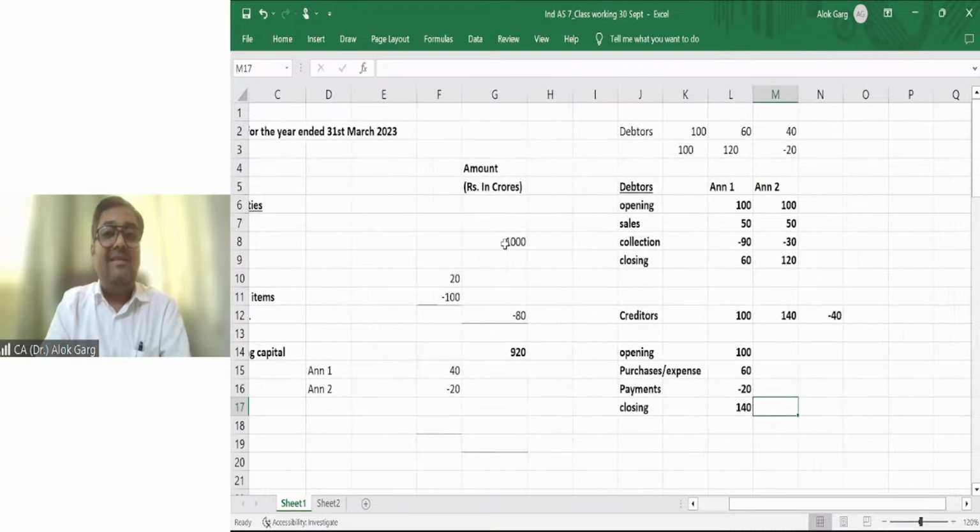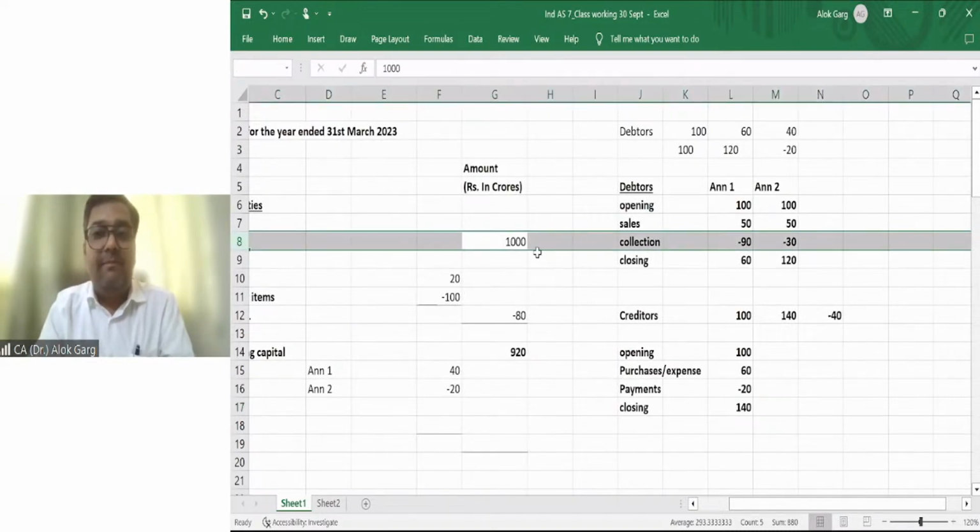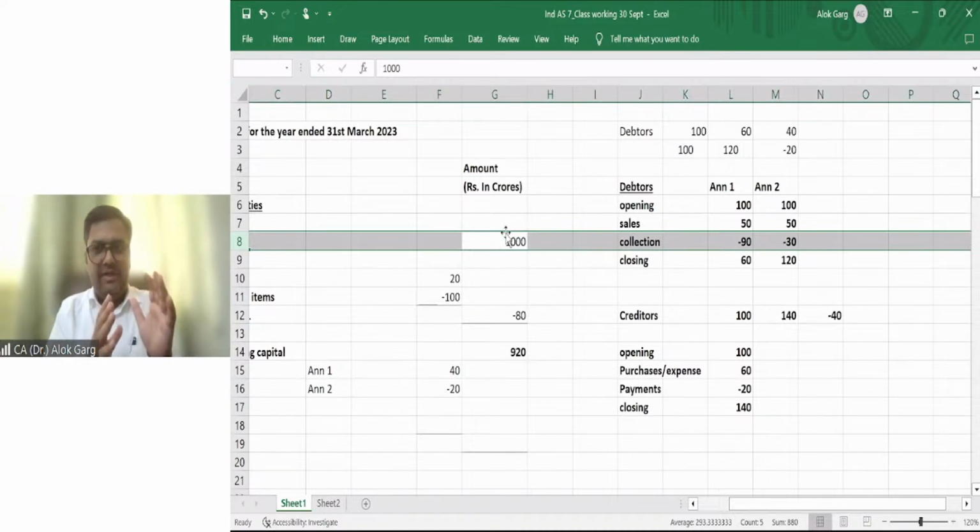Since there is an increase in current liability, you remember this 60 crore purchases must have been deducted to arrive at this profit on accrual basis. But if we think about cash, out of this 60, how much cash have I paid?